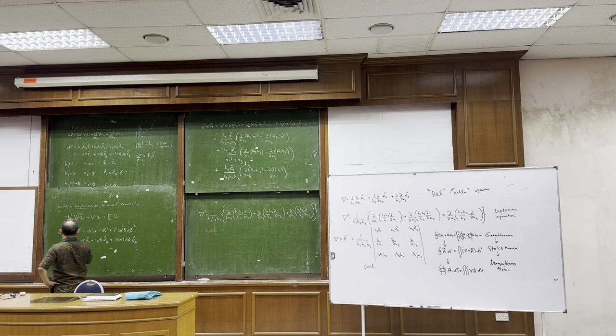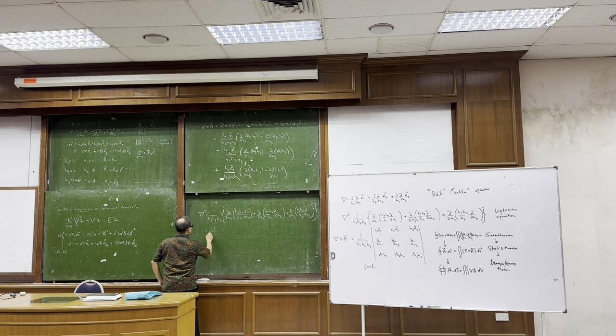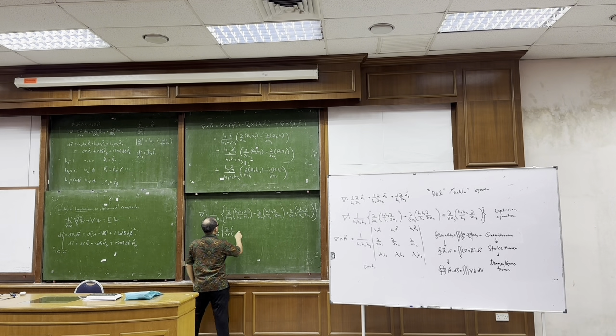Where did we get this earlier? This one. h1, h2, h3: we have r squared sinθ, so h1 multiplied with h2 and h3. You plug in, so we have r squared sinθ. Then d/du1, which is d/dr, and then differentiate.